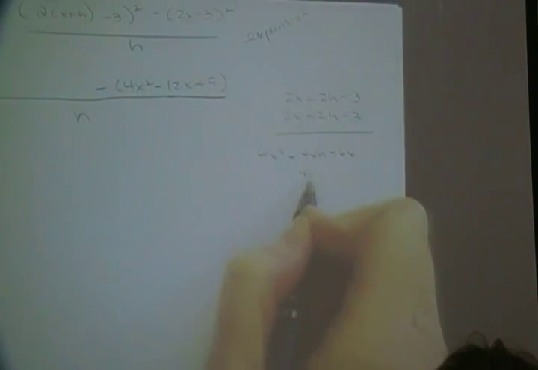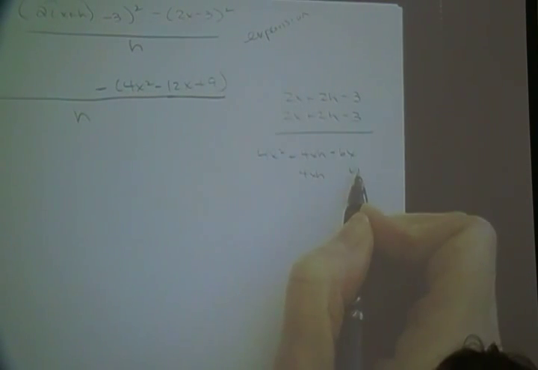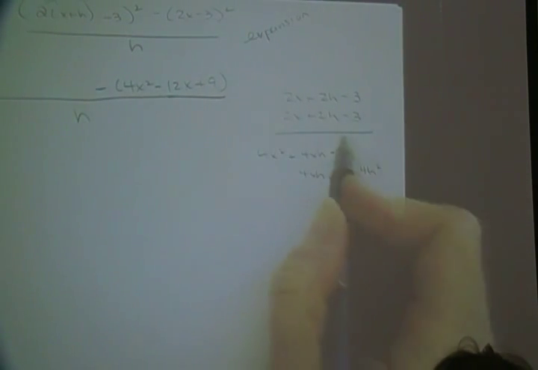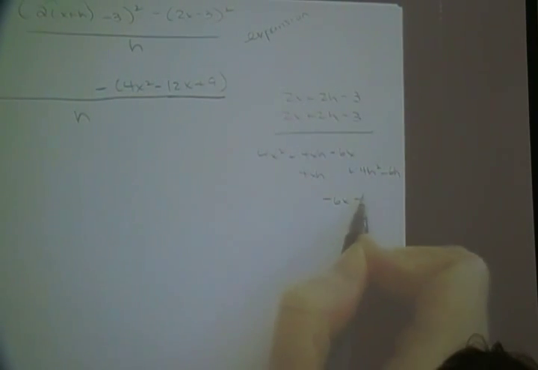Then I'll multiply 2h through, so I'll get another 4xh plus 4h squared minus 6h, and then I'll multiply negative 3 through. So I get a negative 6x minus 6h plus 9.